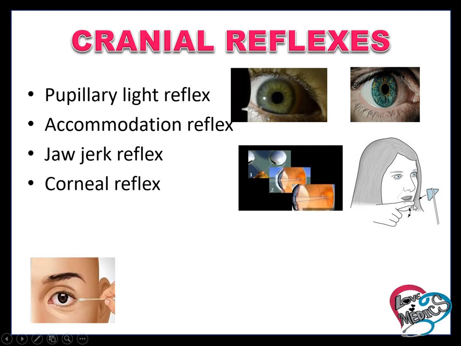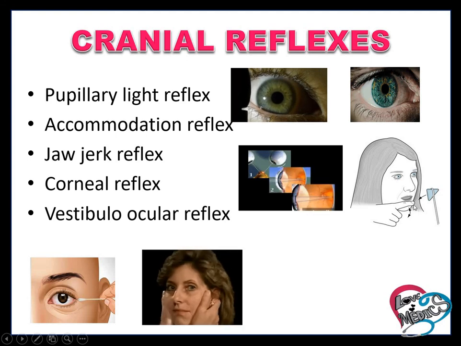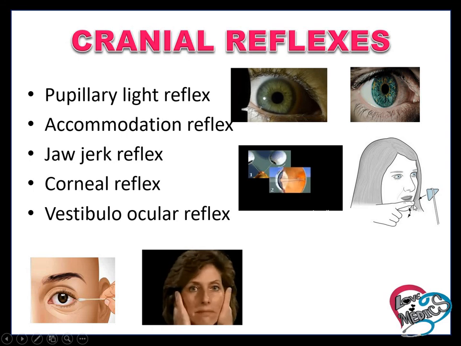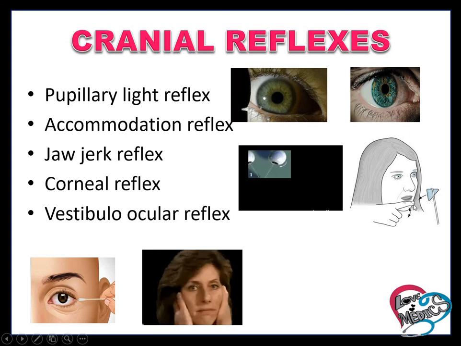Corneal reflex. When we bring an object or buds near to the eye, our eye will blink. That is the corneal reflex. Vestibulo-ocular reflex. When we change the position of the head, our eye does not change position. If we constantly see an object, our head only rotates, but our eye does not, right?